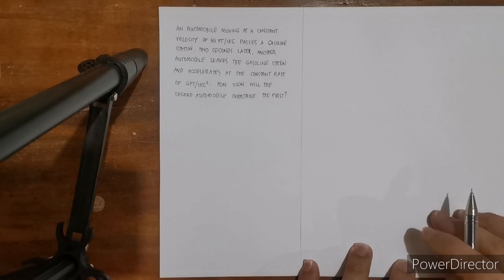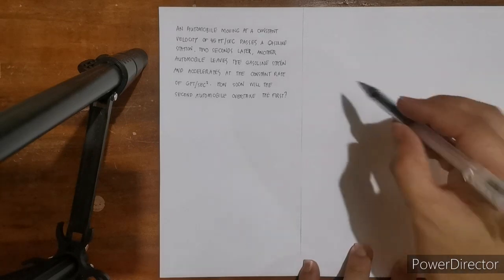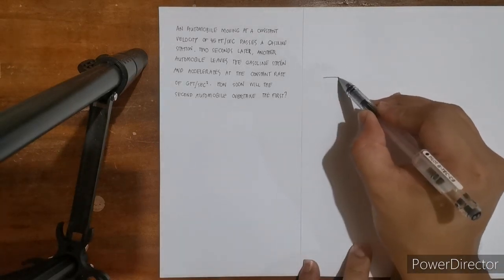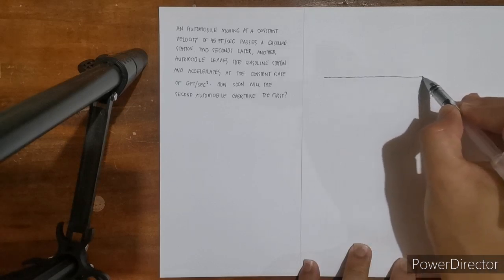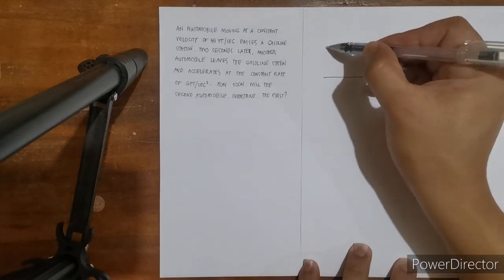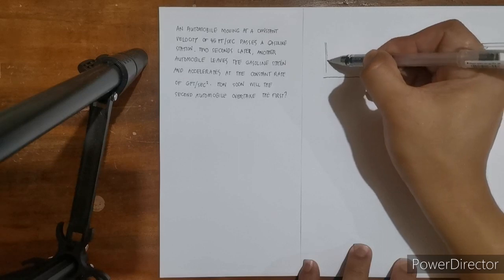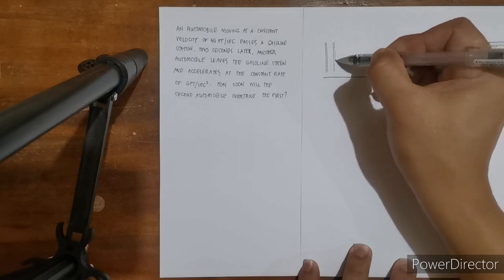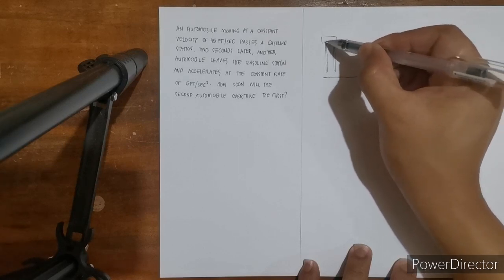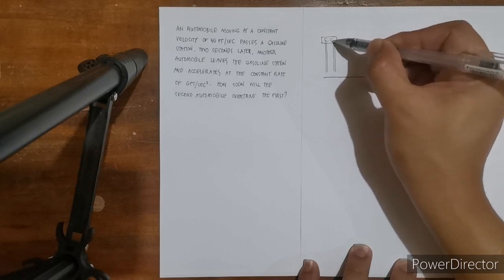Okay, for us to get the unknown parameter, let's analyze the given problem so that we can first draw the given figure. Let this be our roadway. And then, at this point, consider nandyan yung ating gasoline station.